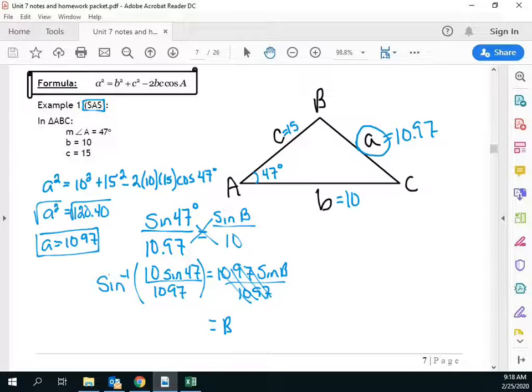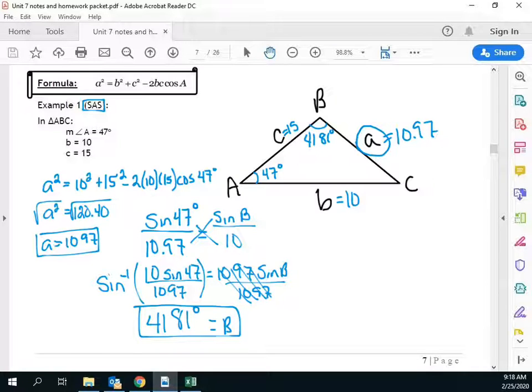Guys, if you're not using alpha y equals, I highly recommend it. All right, so we've got, what, 41.81 is angle B.